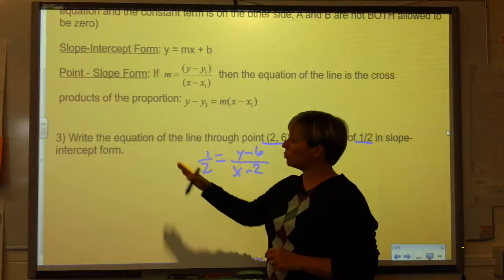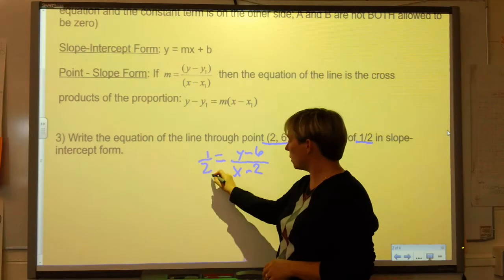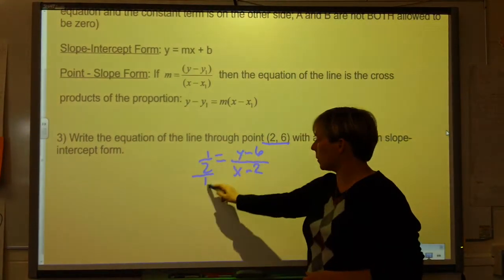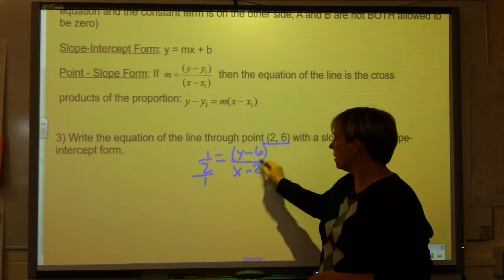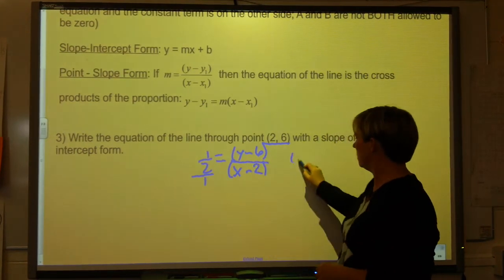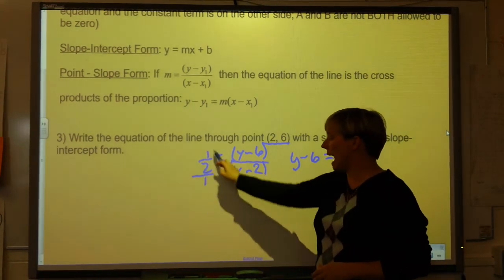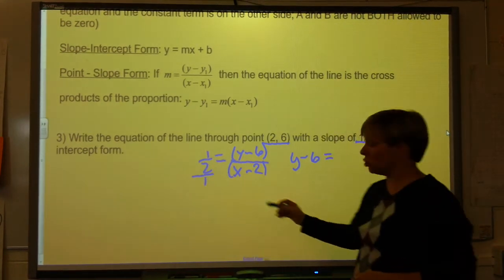When I do my cross products, since this is a fraction, I want to eventually get y by itself, so I'm really going to see this as 1/2 over 1. So that when I do my cross products, I'm multiplying 1 times y minus 6, and then my other cross product to be 1/2 times x minus 2.